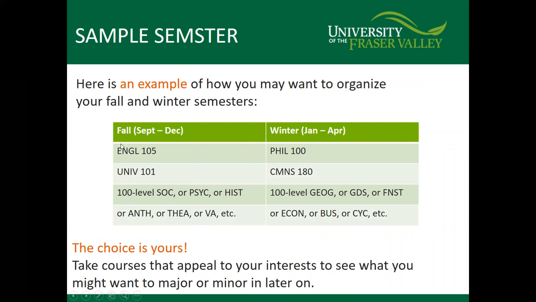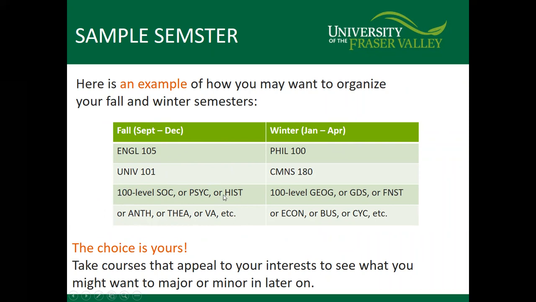So if we have a look at this in terms of a fall semester and then a winter semester, you can see, maybe you take your English 105, your writing requirement, the University 101 as your second course, and then a personal interest or potentially major or minor area of interest.